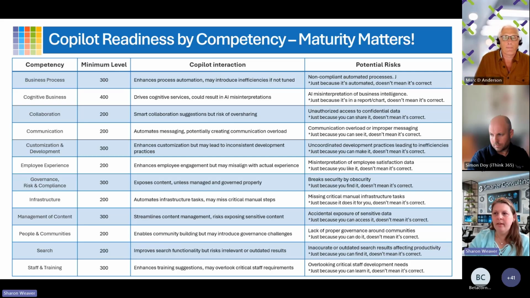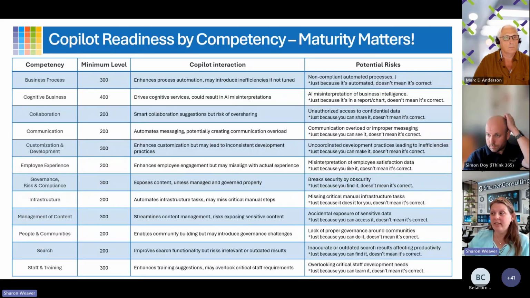Yeah, well said. And I think the big reason that I put these is because there are areas where, in my opinion, the risk is lower. For example, employee experience. I have a lower minimum level because at the end of the day, employee experience is a little bit more nebulous. It's a little less data driven. It's a little less particular. And so adding Copilot is going to make people a little happier, maybe, if it's used properly, but I don't think your employee experience really needs to be at a super high maturity level to allow Copilot into your organization.